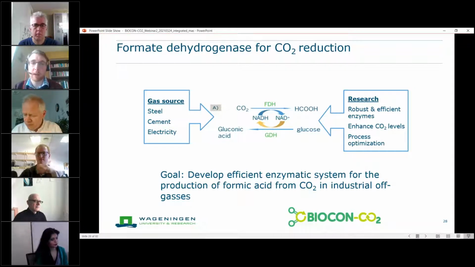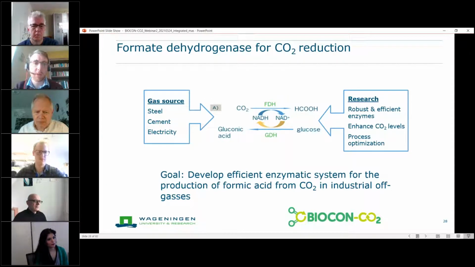We're working on developing a robust and efficient enzymatic system for this, and also optimizing the process with the idea that in the end we will apply it to gas mixtures that mimic the composition of industrial off-gases from, for example, the steel industry, to show that we can use this type of system to convert carbon dioxide from, let's say, realistic gas streams.